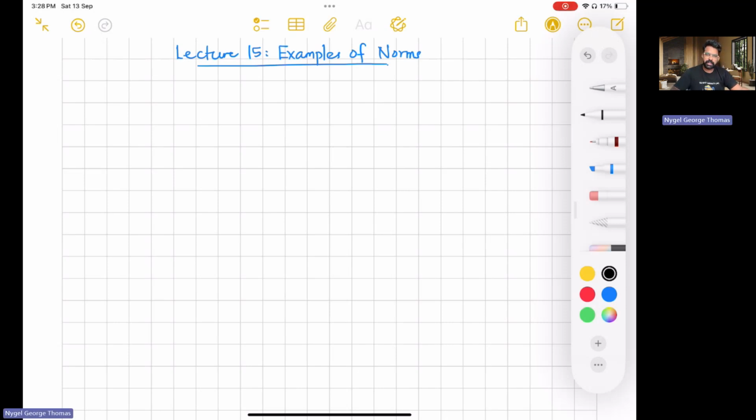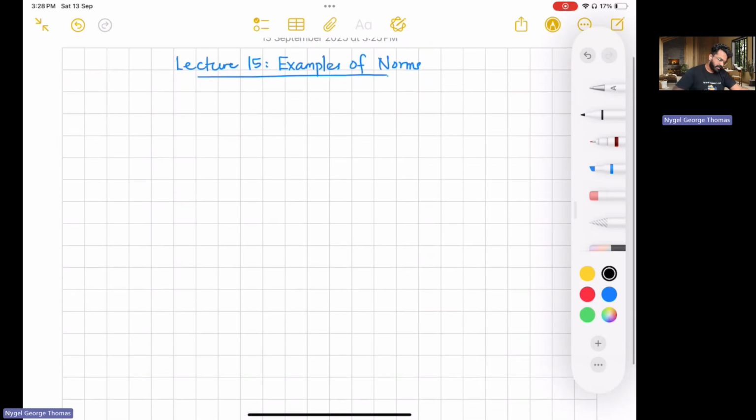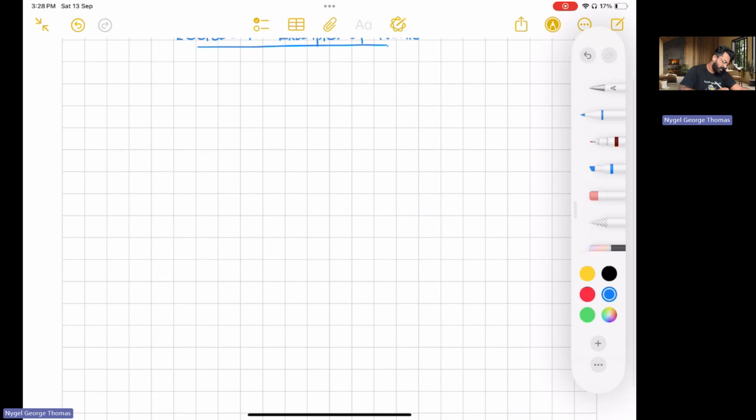In this lecture, we're going to look at a few types of vector norms. The first one is the most commonly used norm, which is known as the Euclidean norm, or the L2 norm.